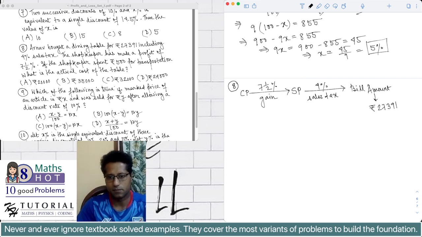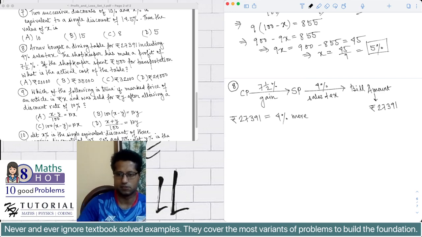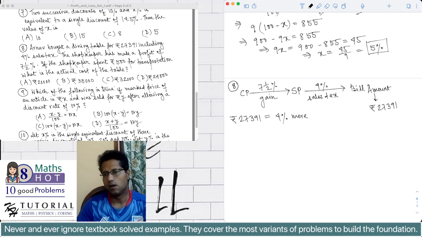Now we can say that rupees 27,391 is equal to 4% more. Since this is a sales tax, 4% sales tax means the final bill amount will be 4% more than SP, so we must have rupees 27,391 equal to 4% more than SP.